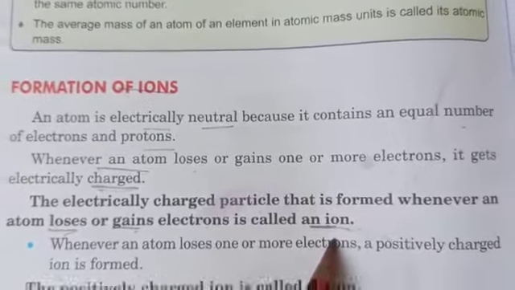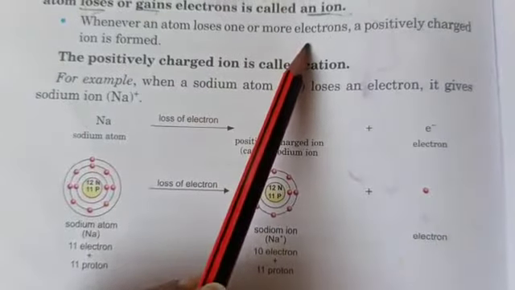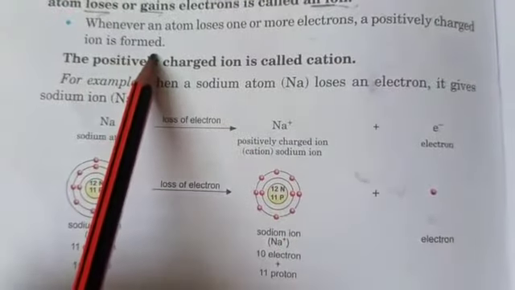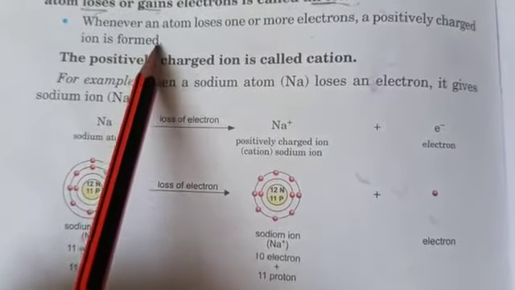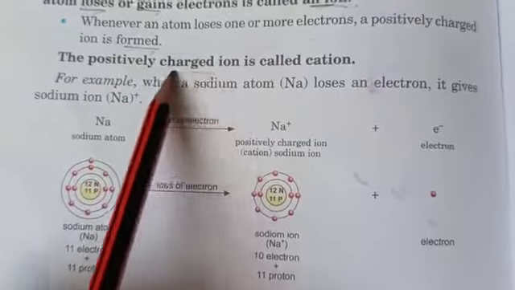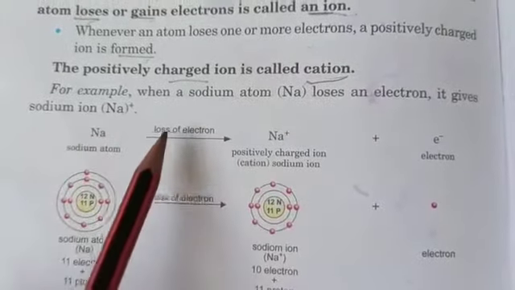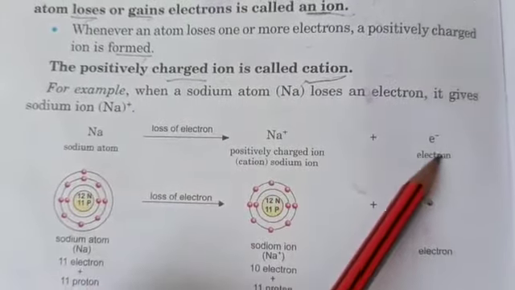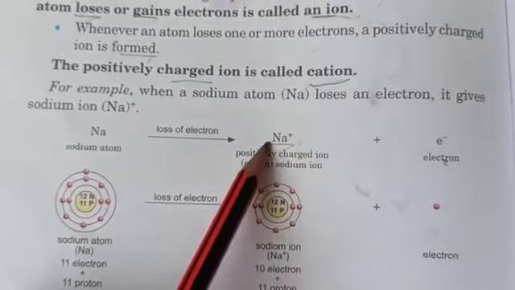Clear? Here, when an atom loses one or more electrons, it is called positively charged ion. If it is going to lose its electron, it is known as positive charge, and positive charge ion is called cation. For example, sodium, by losing one electron, acquires a positive charge, that is known as cation.